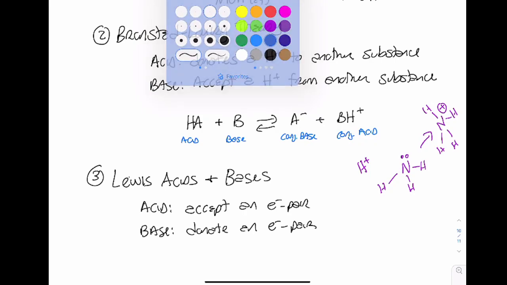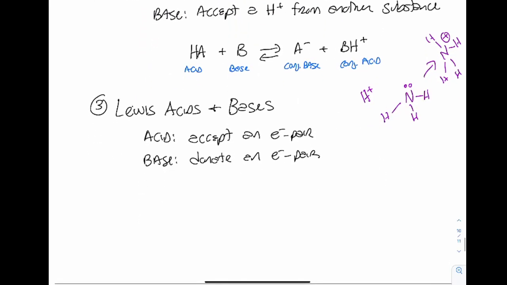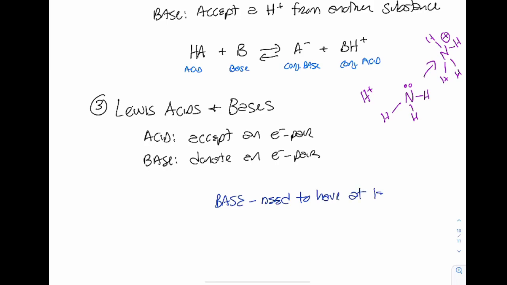So a little bit more information on those. A Lewis base, I'm going to talk about bases first just because they're a little bit easier. These need to have at least one lone pair of electrons. And again, I'm not writing this down, but I do expect you to know it.